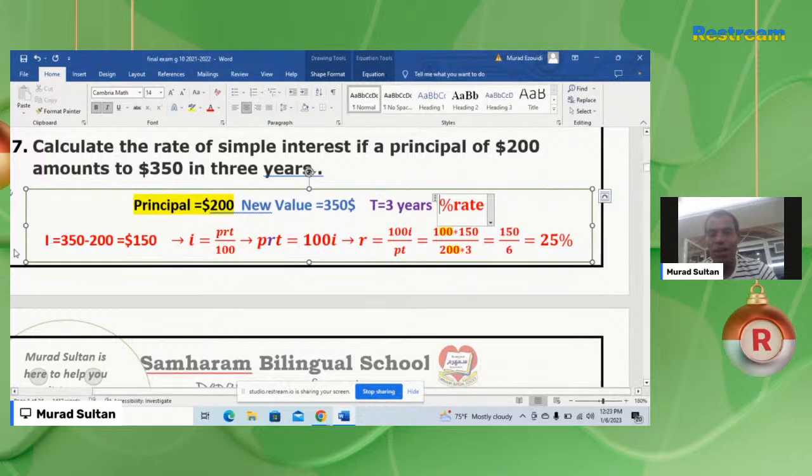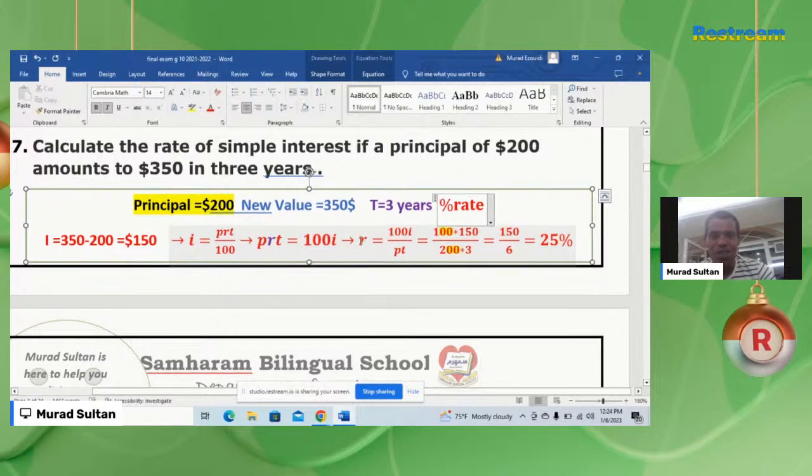Therefore, the simple interest, or the interest paid, is 350 minus 200, which gives 150. The simple interest is PRT divided by 100, so I equals PRT over 100. Multiplying both sides by 100 gives 100I equals PRT.